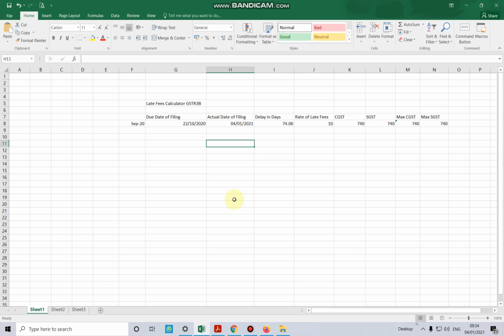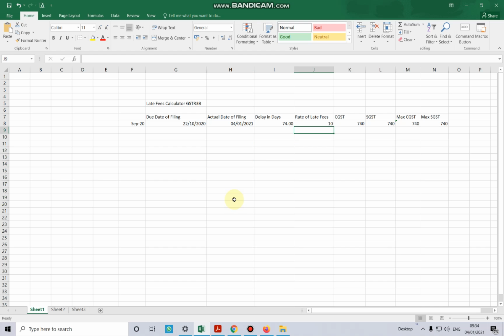Suppose you have purchases in a particular month, then also if you delay, the per day late fees will be 20 rupees only, that is 10 rupees CGST and 10 rupees SGST. And if you have any outward supply or sales, then it will be 25 per day, that is 50 rupees overall, 25 for CGST and 25 for SGST.